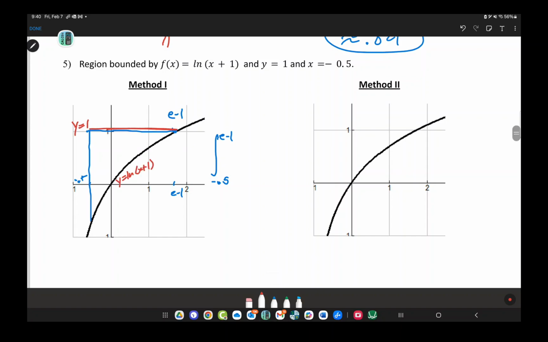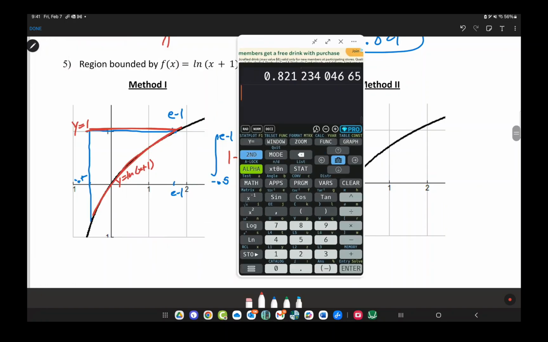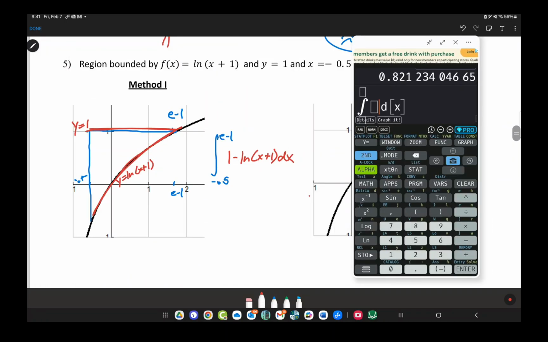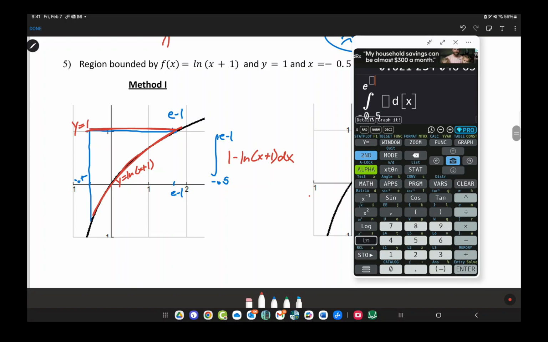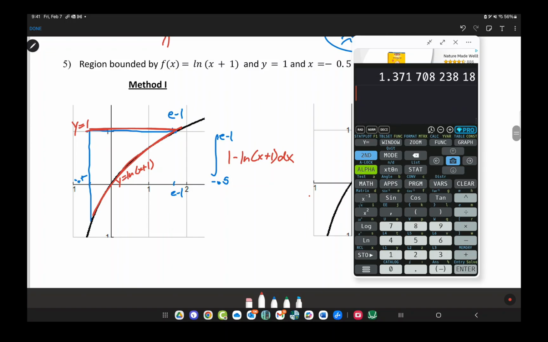So it's just going to be the integral of 1 minus natural log of x plus 1 dx. That gives me approximately 1.372.